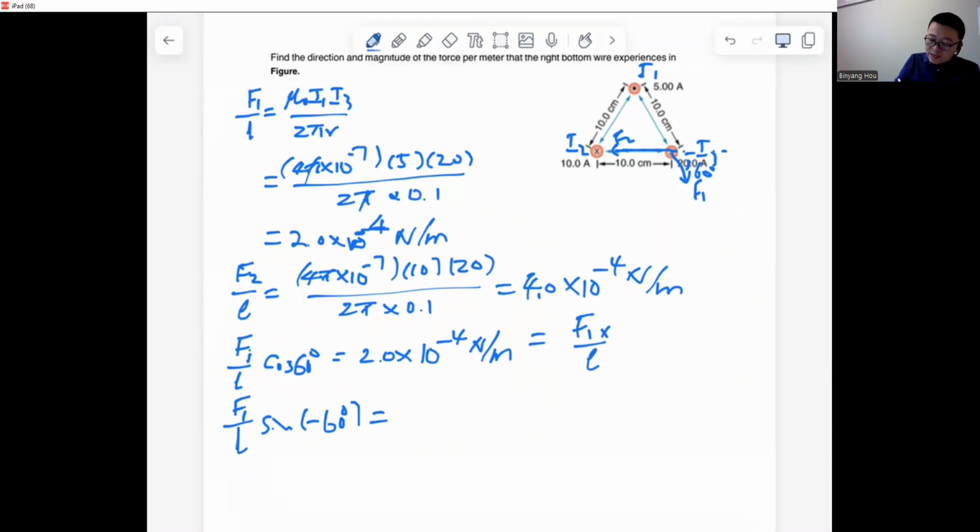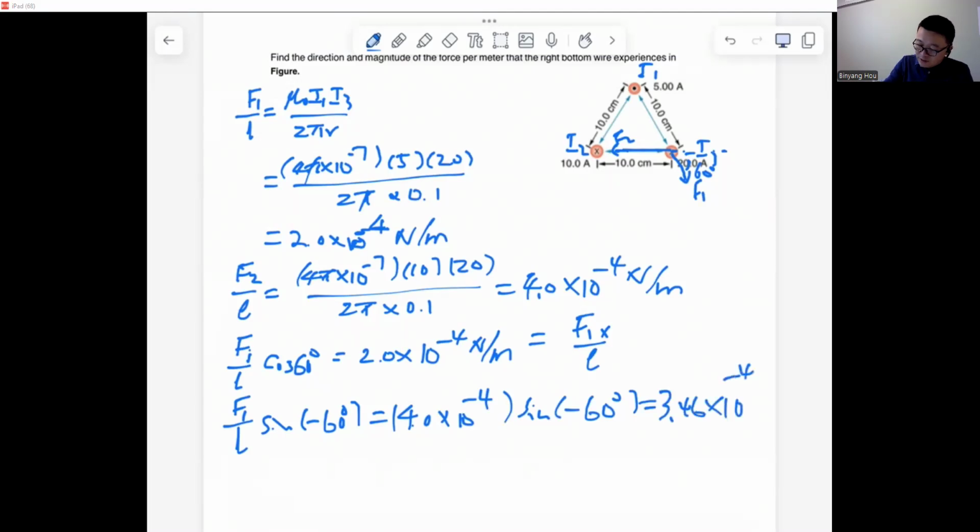So sine of 60, you can put it into the calculator: 4.0 times 10 to the minus 4 times sine of minus 60. I'm going to do this quickly, but 3.5-ish. Negative sine of 60 degrees, 3.46 times 10 to the minus 4, again newtons per meter. So this is your F1y over L.